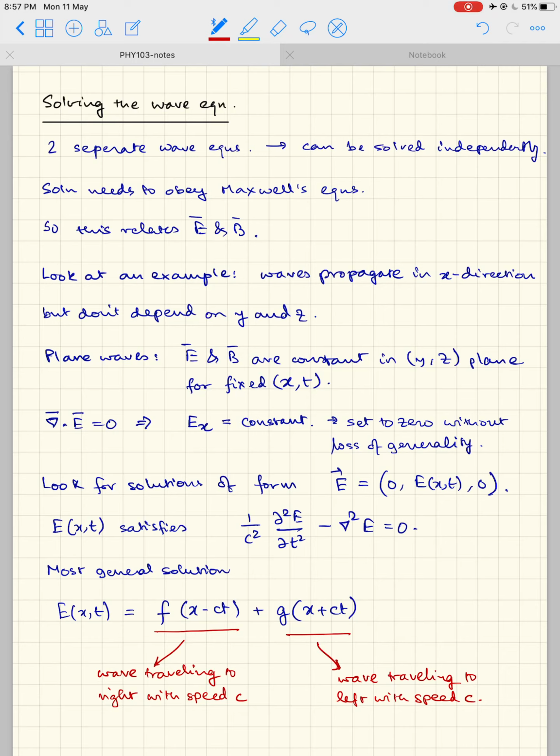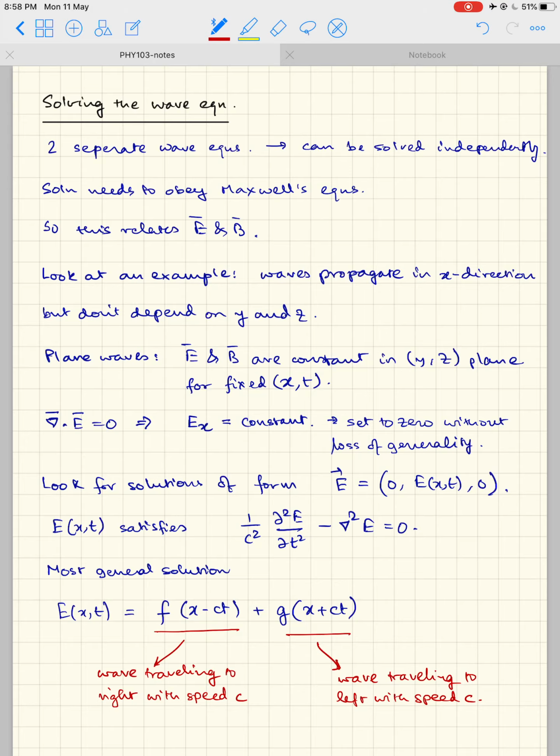This is because as t increases, x also has to increase to keep f the same, and that's the reason why this moves one way, and g of x plus ct is something that moves the other way, but again it's also doing so with a speed c. Okay, so that's E_x.